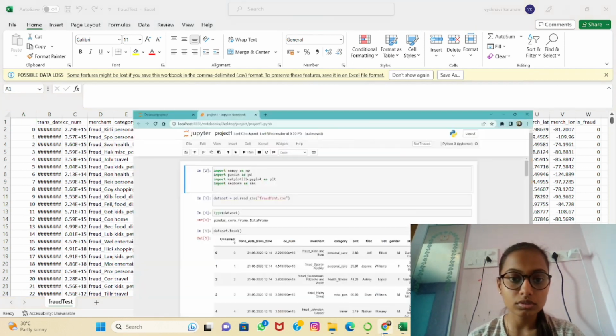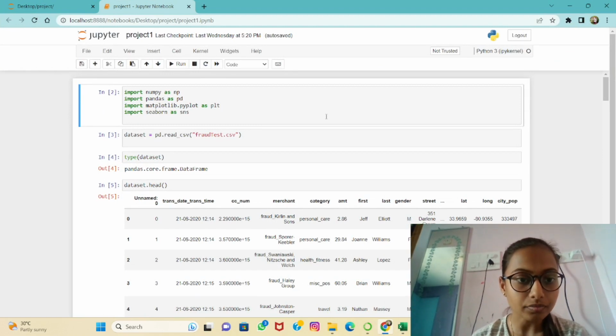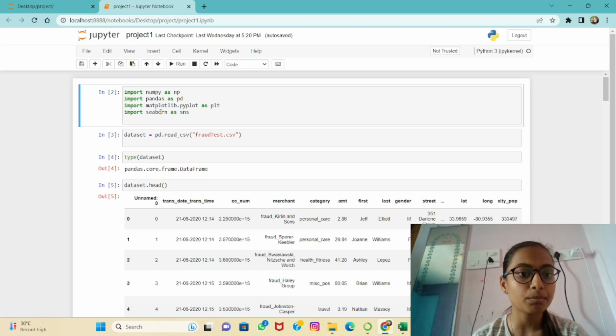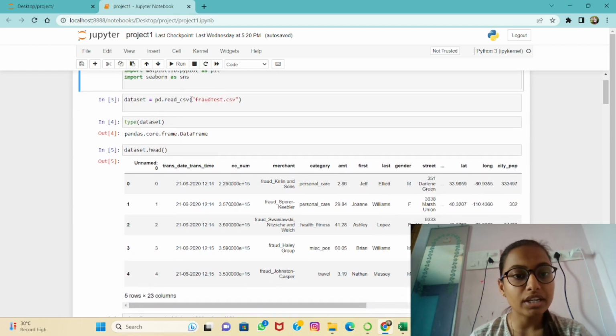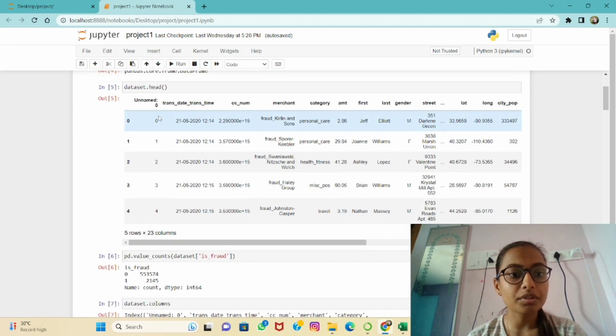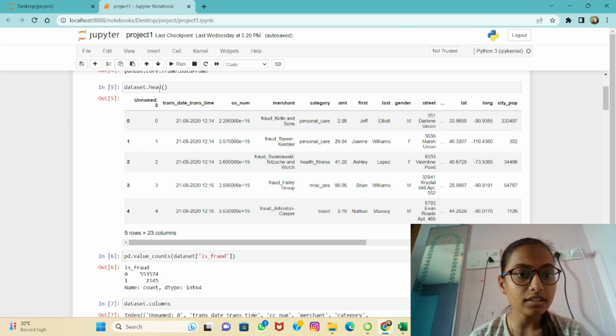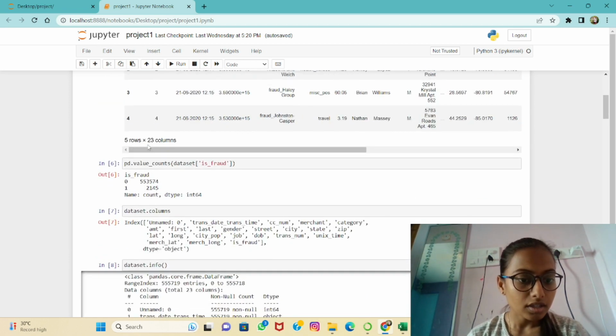Let me show you the code. First we have imported the libraries NumPy, Pandas, Matplotlib, and Seaborn, and I have imported the dataset, that is fraudtest.csv. Next I have seen the first 5 rows of my dataset, and we have 23 columns in our dataset.